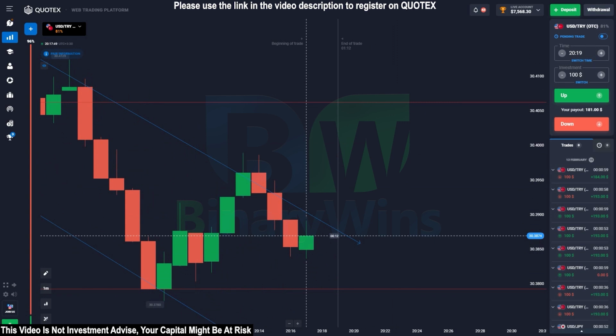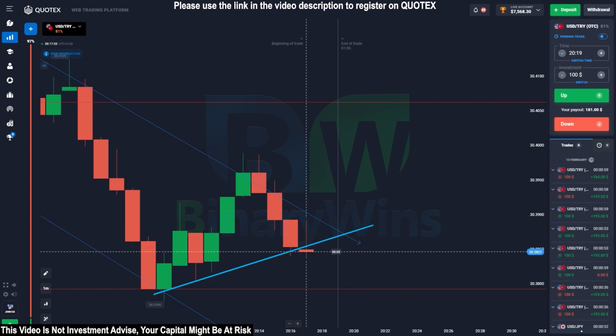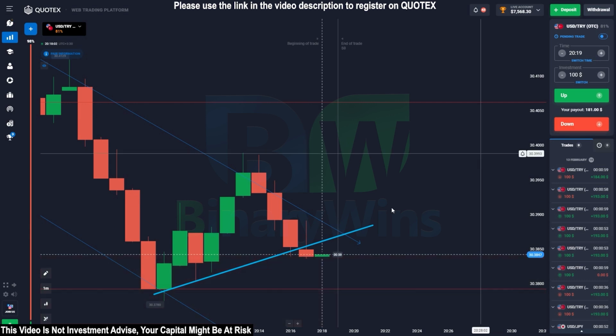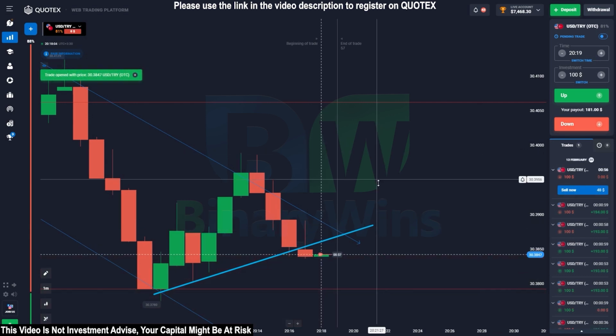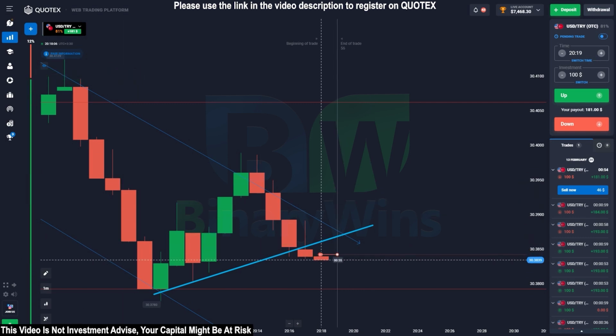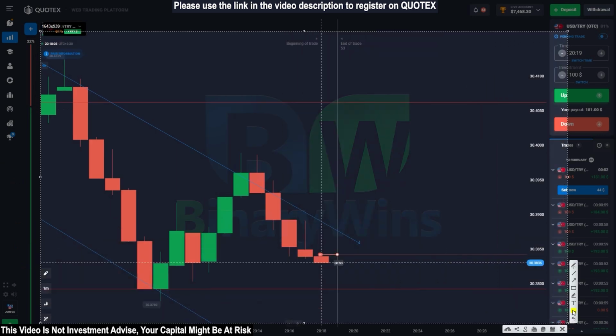Here we can also draw a range and trend line. I entered the lower trade. If you look, a momentum trend that started from here and ended here.